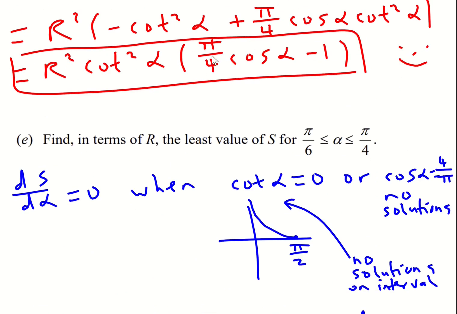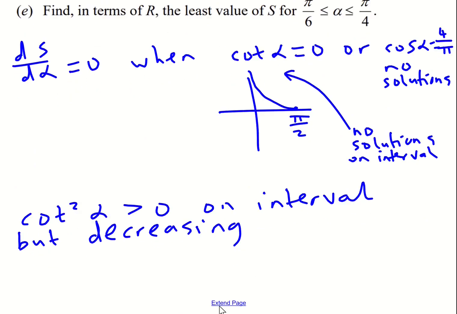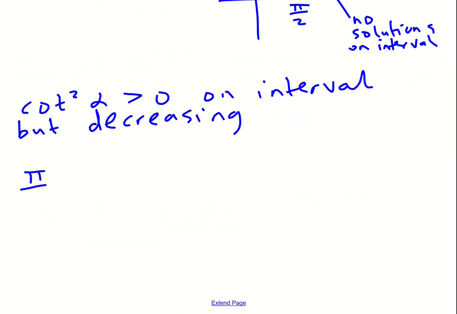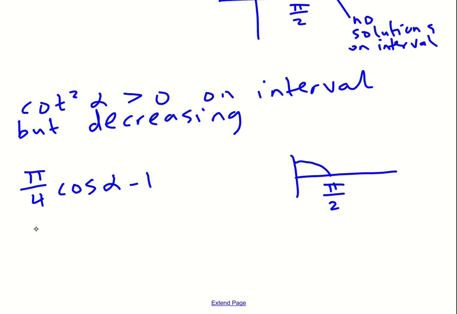So now we just need to look at pi over 4 cos alpha minus 1. Well, actually, this looks like this. It's also decreasing. Well, cos alpha is. So if we minus 1 from it, then it's going to look a bit like this. It's going to be less than 0 on the interval.